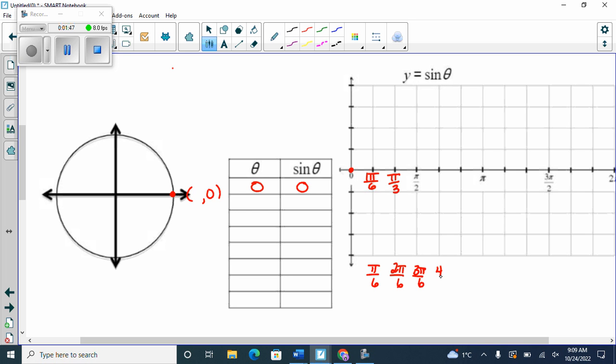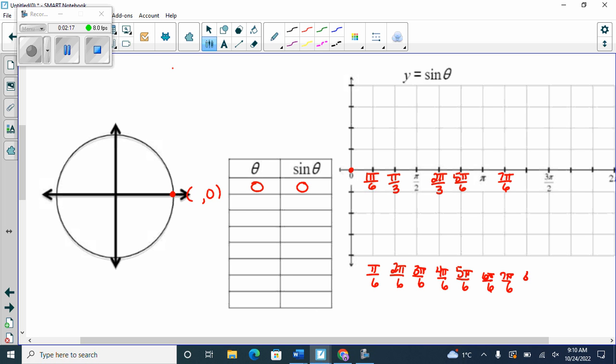This is 4 pi over 6, which reduces to 2 pi over 3. I just want to put the reduced ones up here, so I'm writing the other ones down here. This is 5 pi over 6, which doesn't reduce, so it just goes up here. And this is 6 pi over 6, which is pi. And then honestly, you just keep going. So as long as you figure out what the space is, now it's 7 pi over 6, which doesn't reduce.